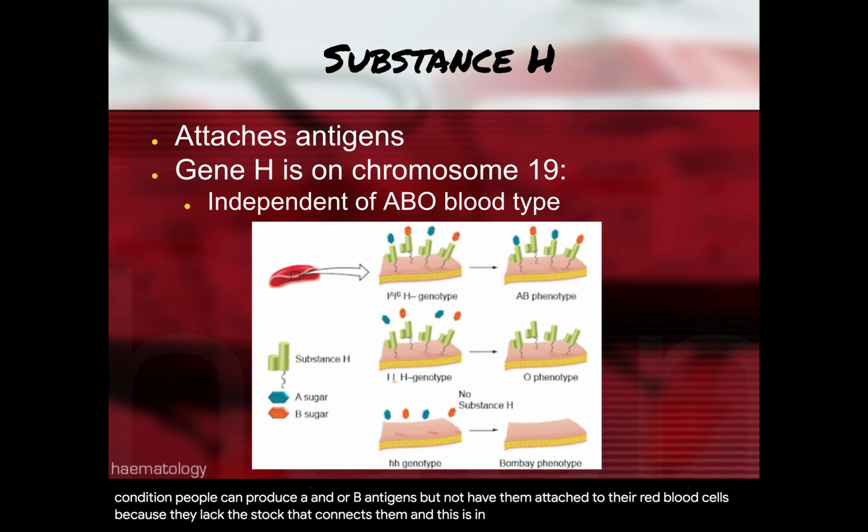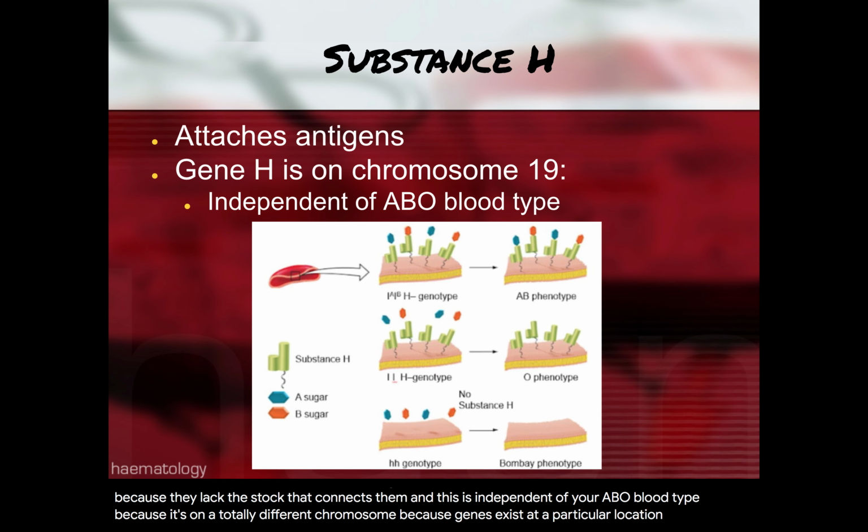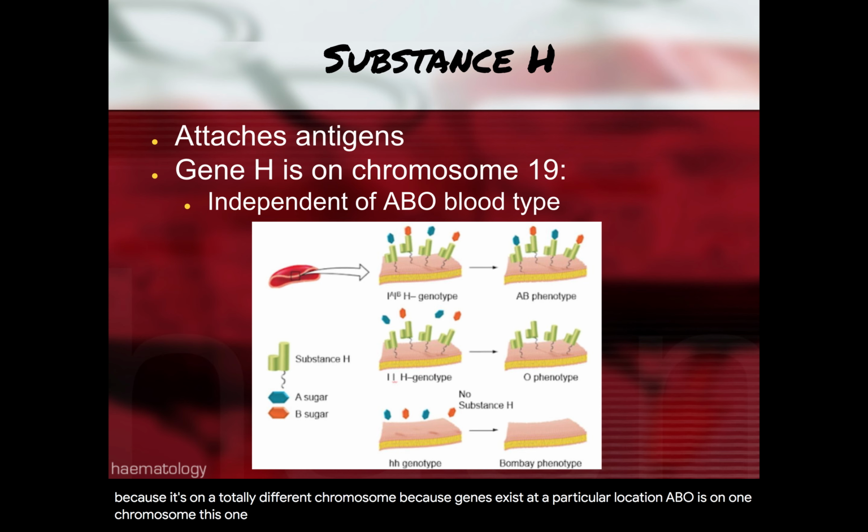And this is independent of your ABO blood type because it's on a totally different chromosome, because genes exist at a particular location. ABO is on one chromosome, this one is on a different chromosome.